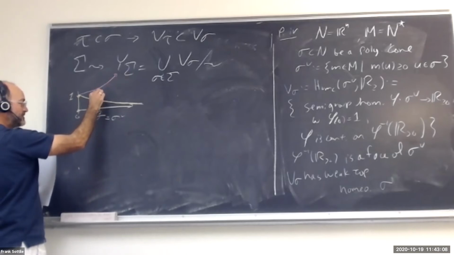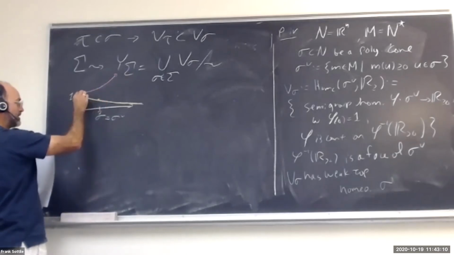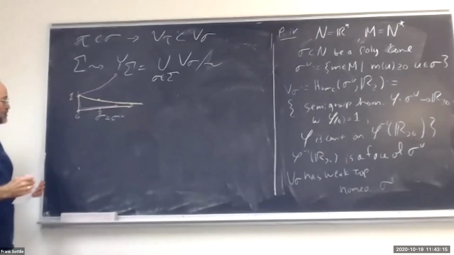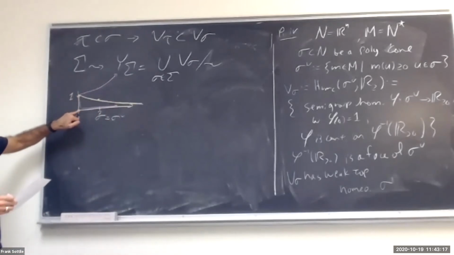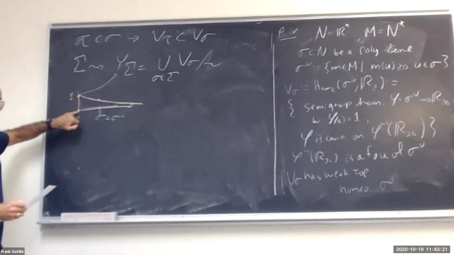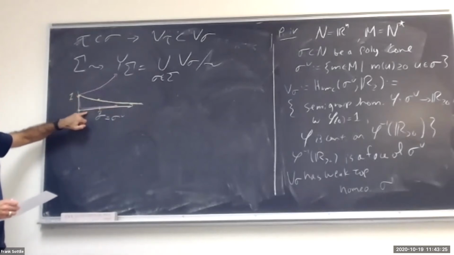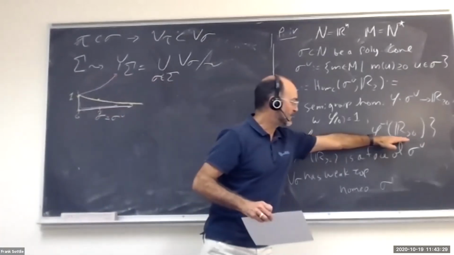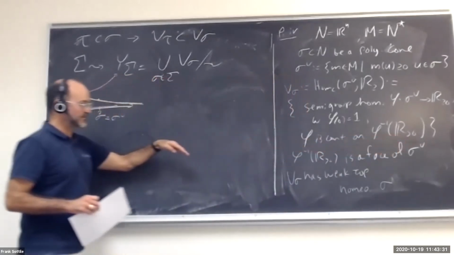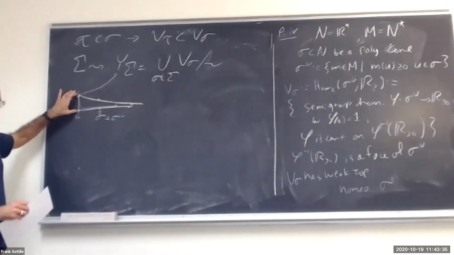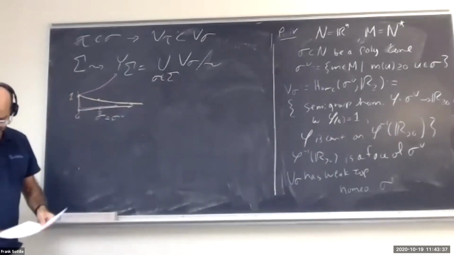But if you take a sequence of points that converges to 0, this is going to converge to a step function, which on this face takes the value 1, and on this face takes the value 0. So it's continuous on the place where it doesn't take the value 0. In this case there's only a single point, so that's not a very strong condition. But these are what these functions look like.